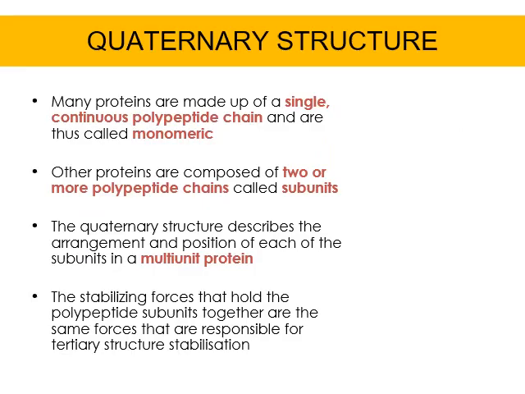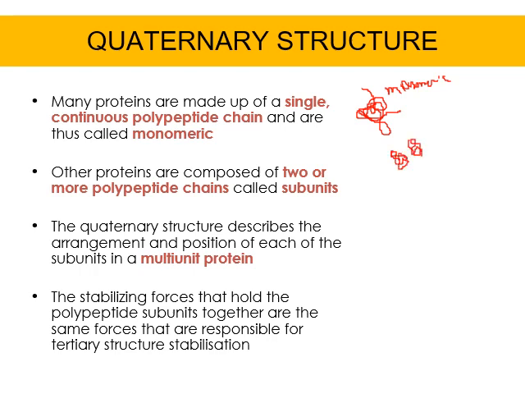So protein may exist in its 3D structure as tertiary structure. Many proteins are only made up of a single continuous polypeptide chain, so we call this monomeric. But there are also proteins that are composed of two or more polypeptide chains, that we call each of these chains a subunit.